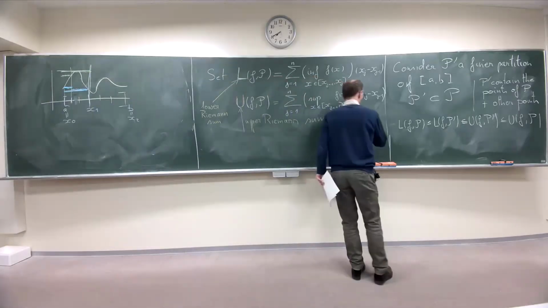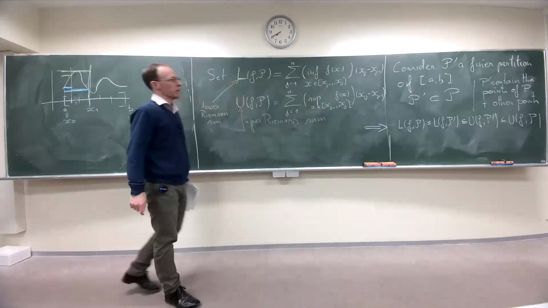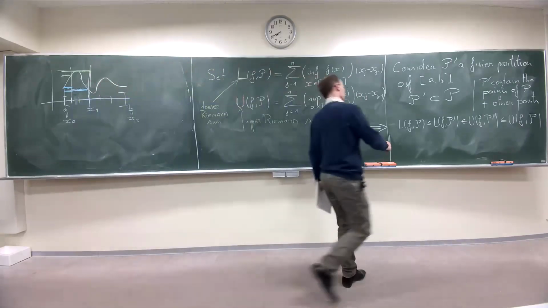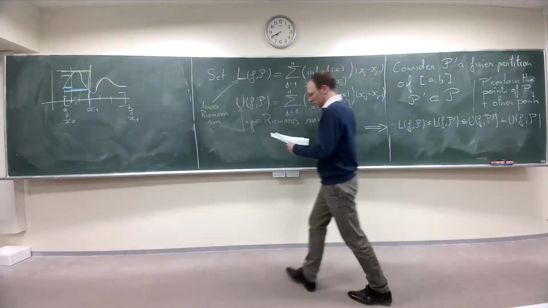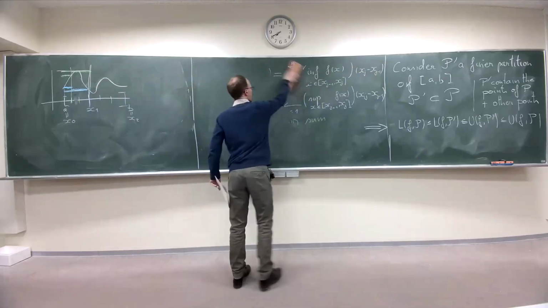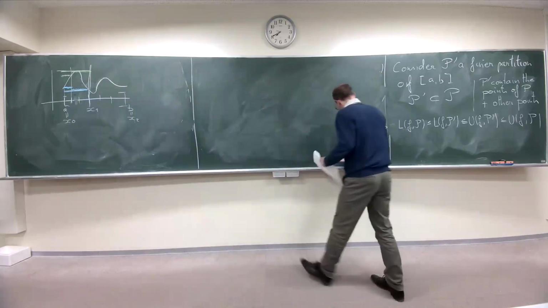We are always in this situation. When you take a thinner partition, you have the inequalities in this order. If you're not confident, please make a picture and you will see that this is true.